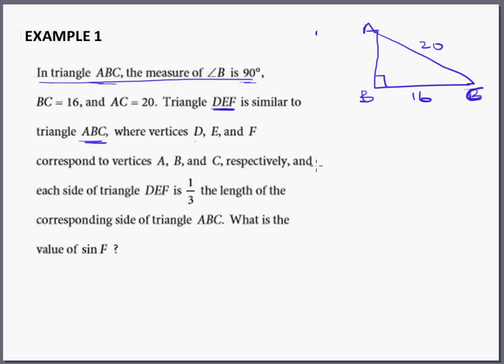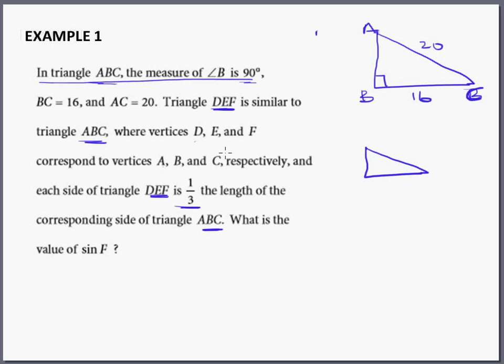But what's the relationship here? Each side of triangle DEF is 1/3 that of triangle ABC. That means triangle DEF is smaller. So let's draw our triangle DEF, a smaller triangle.